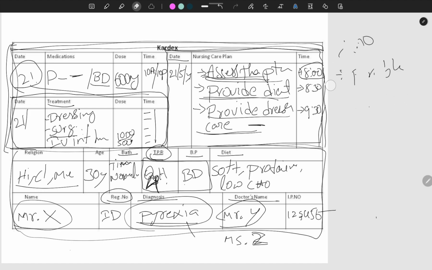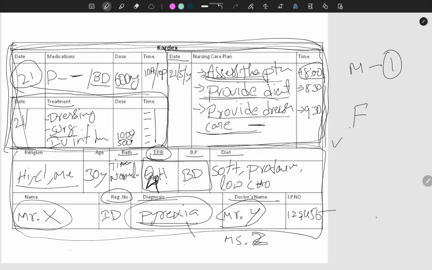It will give the complete data about the patient on the date. So on which date you have taken the patient, only that date's details we will have here. For each shift, okay, for each shift we have to take each kardex form. For example, the sister came on the morning shift, so she has to take one kardex form.